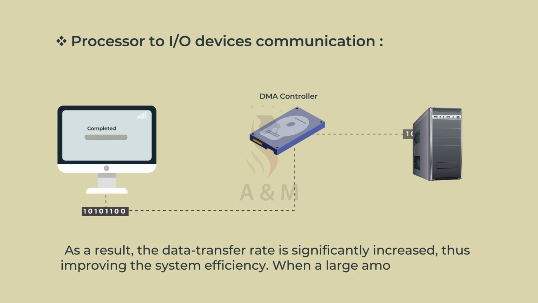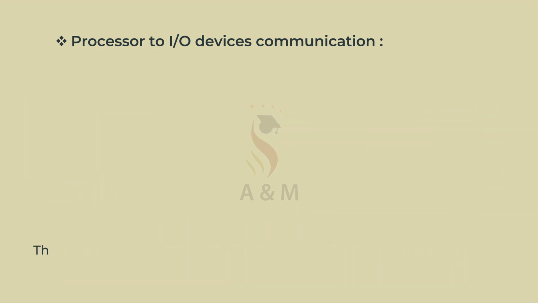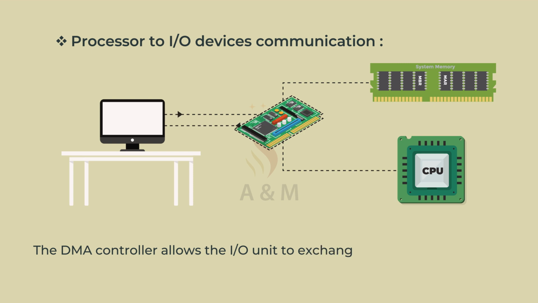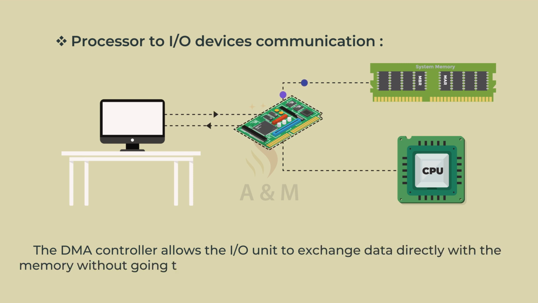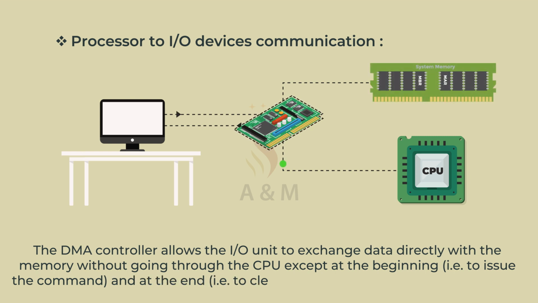When a large amount of data is to be transferred from the CPU, the DMA controller can be used. The DMA controller allows the I/O unit to exchange data directly with the memory without going through the CPU except at the beginning, that is to issue the command, and at the end, that is to clean up after the command is processed.